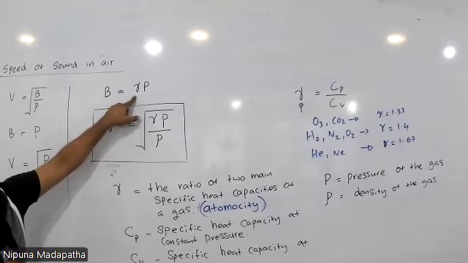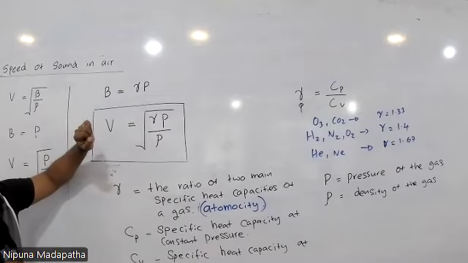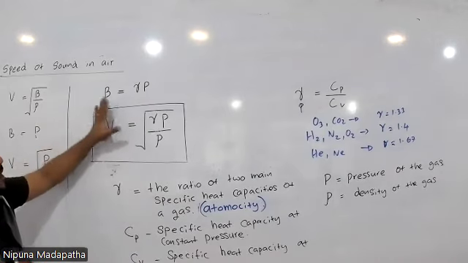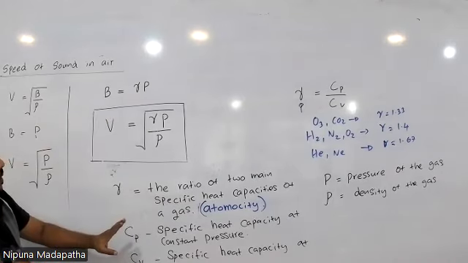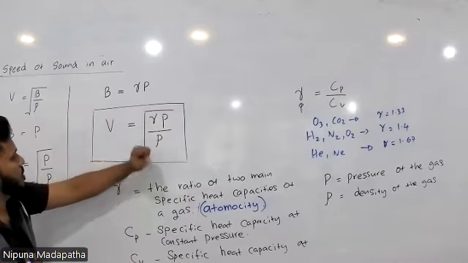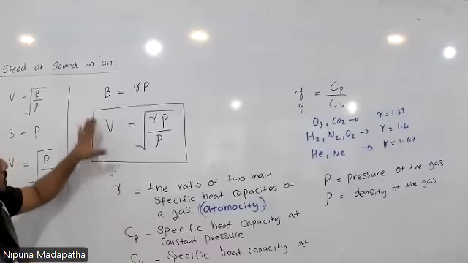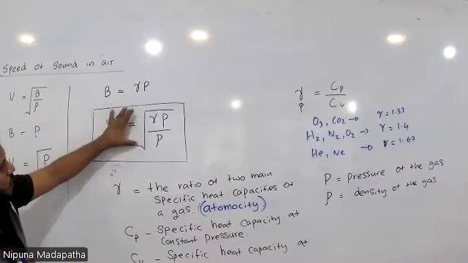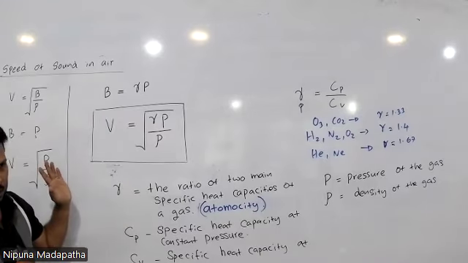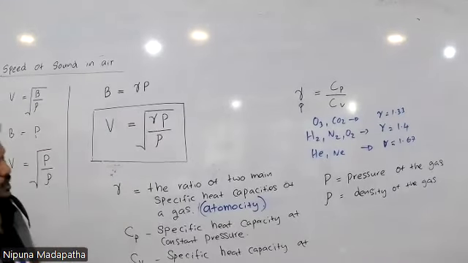So the bulk modulus is given by gamma times pressure, and the equation transforms into V equals square root of gamma P over rho.